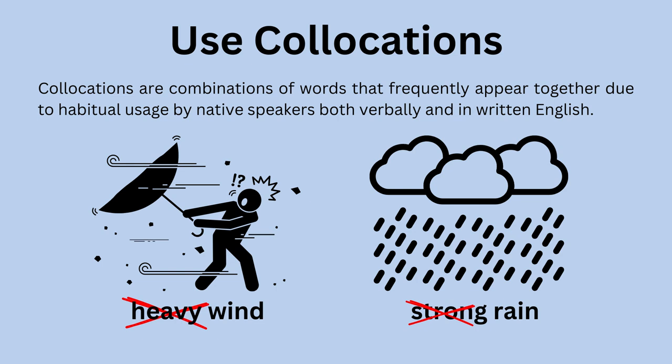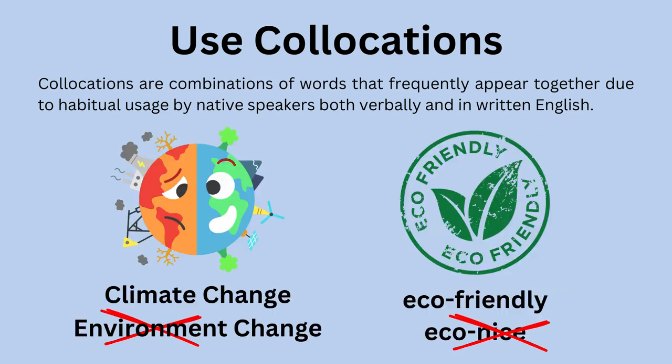This sounds very odd to the English ear. Similarly, we always say climate change, never environment change. We say eco-friendly and never eco-nice. Such pairs of word combinations are just combinations that are commonly used together. When a non-native changes this, it sounds very odd to the native speaker.